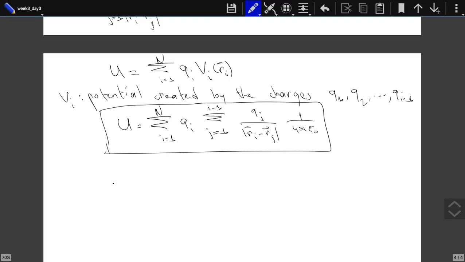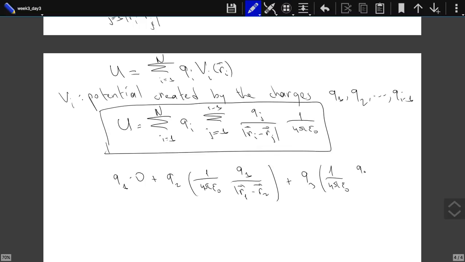So the total energy of my system will be, well, Q1 times 0 plus Q2 times 1 over 4 pi epsilon 0, Q1 over R1 minus R2, plus Q3 times 1 over 4 pi epsilon 0, Q1 over R1 minus R3, plus 1 over 4 pi epsilon 0, Q2 over R2 minus R3. This is the total potential energy of my system.